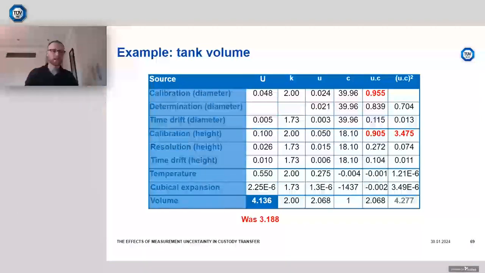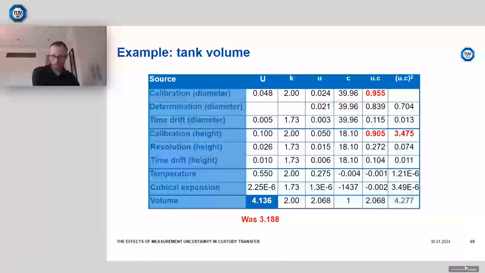In this instance, if the calibration house is out the same way, it's likely going to be out the same way. So it's probably best, or more conservative, to assume that these two calibration uncertainties are correlated. So in this case, instead of squaring each of those UC terms, you would add them together first. So you're adding 0.955 to 0.905 and then subsequently squaring them.